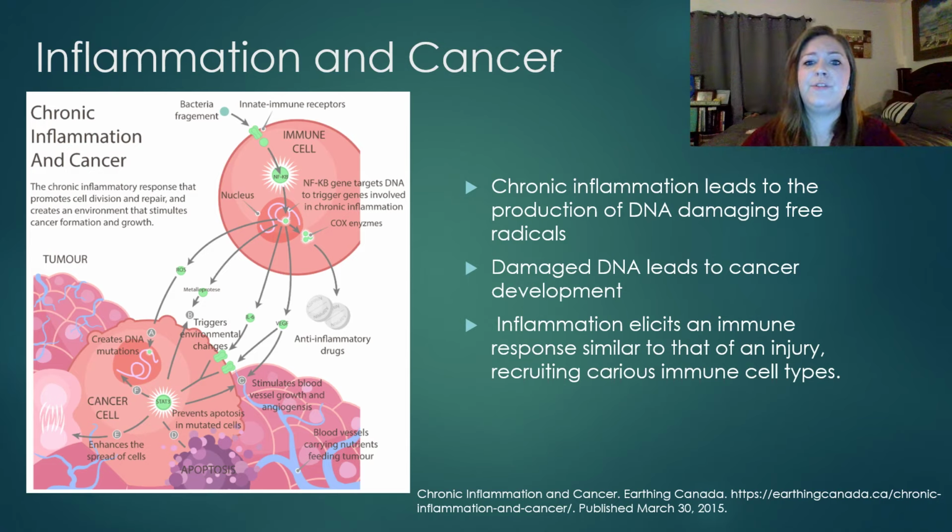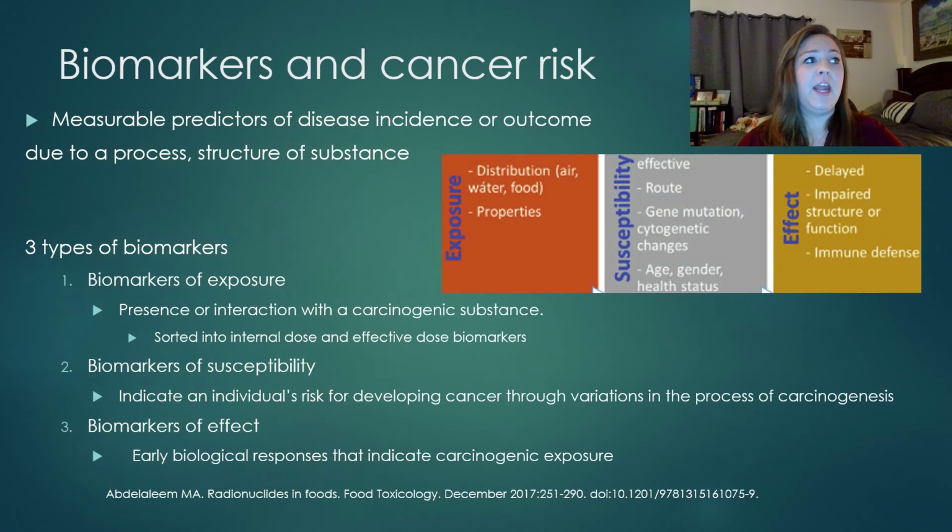So it recruits various immune cell types and stimulates angiogenesis, which is the body's attempt to fix that area of the body, treating it like an injury, but instead it is stimulating angiogenesis and providing the tumor with nutrients and oxygen to help it grow, which is why we see a link between inflammation and cancer, because it is providing tumors with their needs. So next we're going to move on and talk about biomarkers and how they play a role in your risk for cancer.